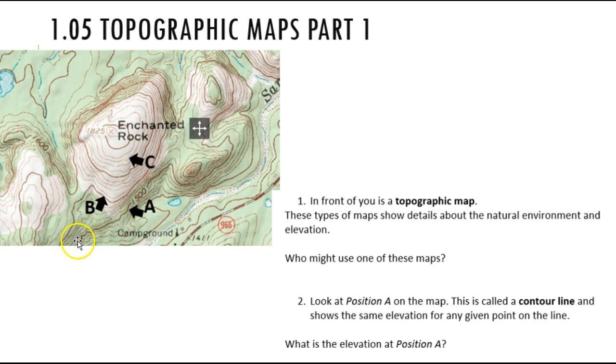Well, we know that if we follow a contour line around, every point on this line is the same elevation. And if we look right here, that's the elevation. This is a 1500, so 1,500 feet, or kilometers, or meters. The units are not on here. So you can just put the 1,500 right here.